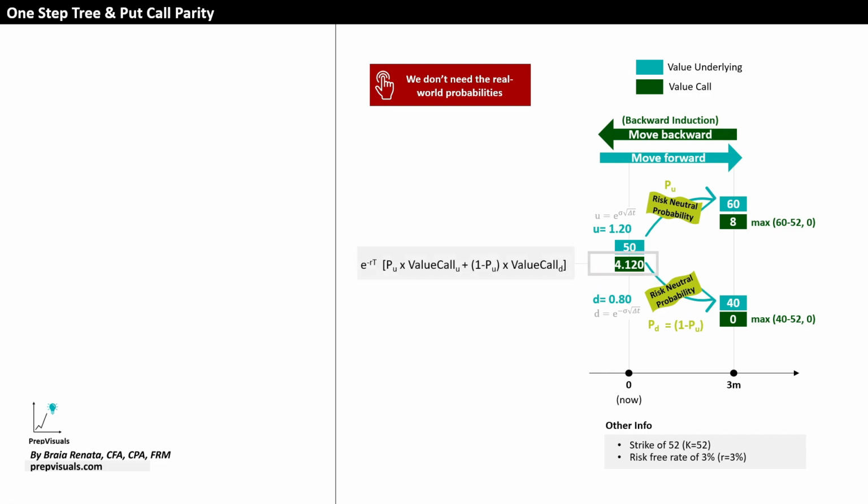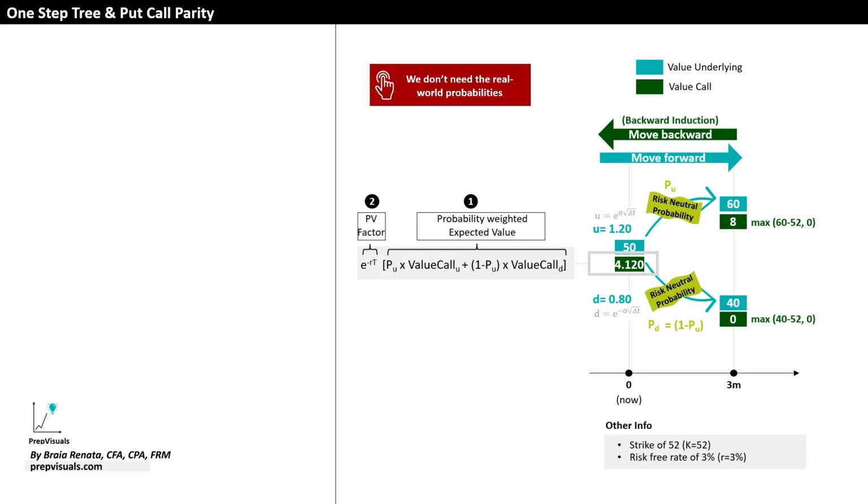So this is the expression that leads to this value, and what I want you to observe in this expression is that it can be divided into 2 major parts. The first part is the probability weighted expected value, and the second component is the present value factor.